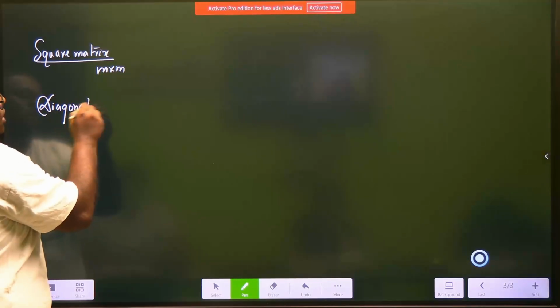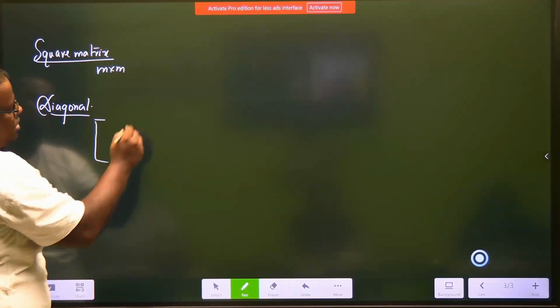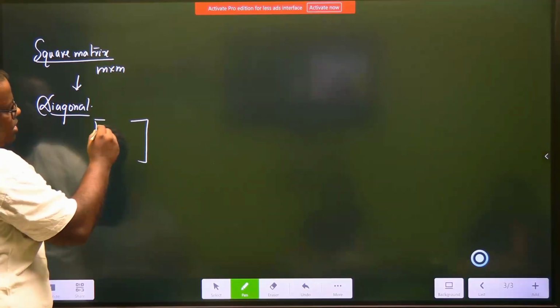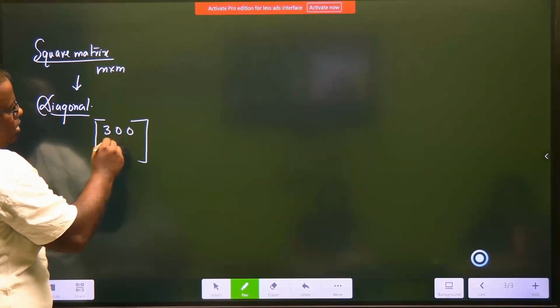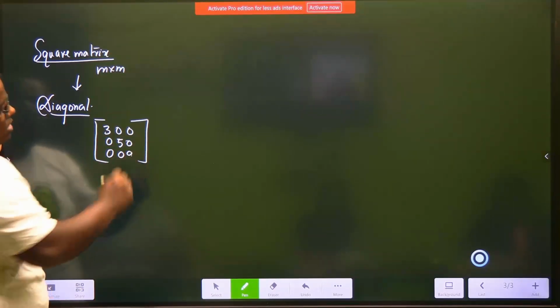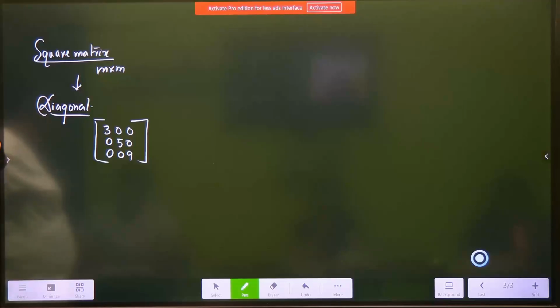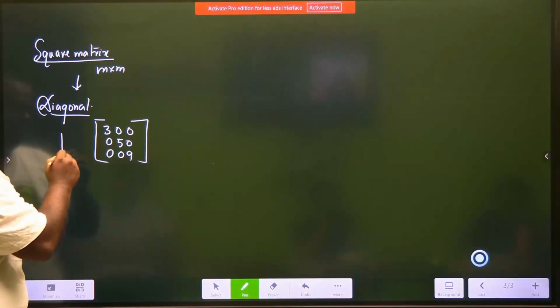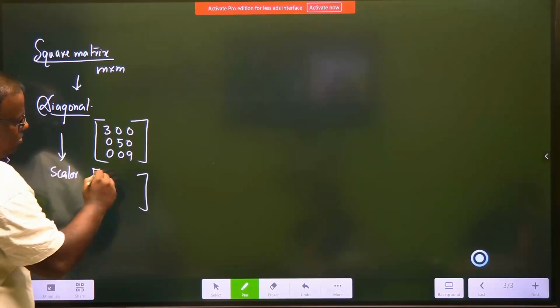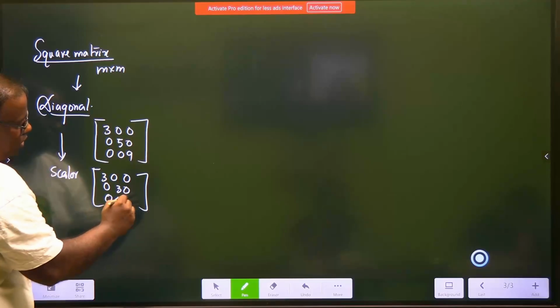A diagonal matrix is a square matrix, but it will be something like 3 0 0, 0 5 0, 0 0 9. This is a diagonal matrix. Understood? Diagonal becomes scalar if the diagonal elements are the same: 3 0 0, 0 3 0, 0 0 3.